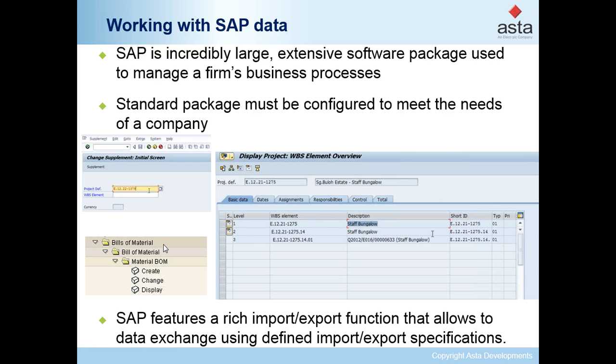The part we are focusing on now is importing and exporting data from SAP and the same into Asta. SAP allows import and export functions for data exchange, which can be defined by the implementer or by your IT specialist.